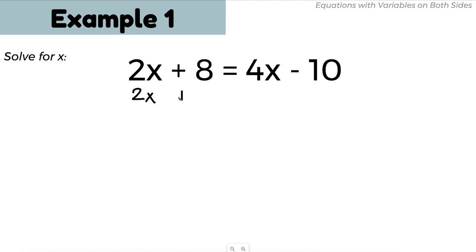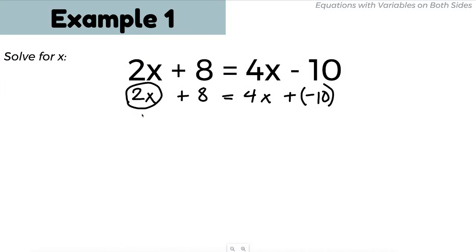Of course, our first step is to eliminate our subtraction. Now we're going to eliminate an x first. This 2x, 2x's, it's smaller than 4x's. So this is what I'm going to eliminate.